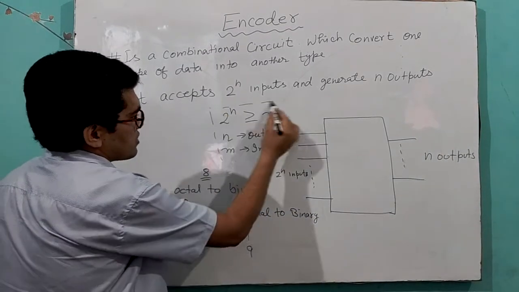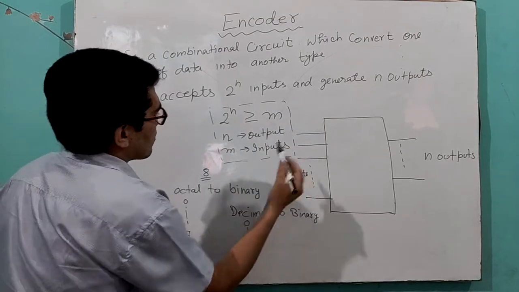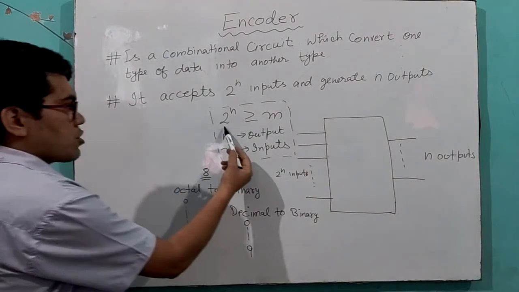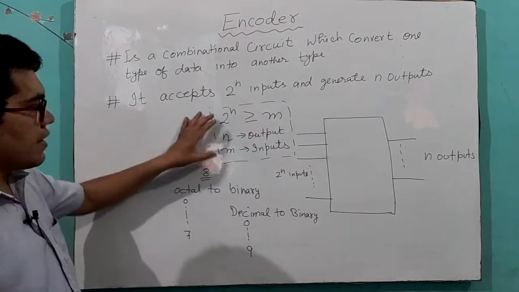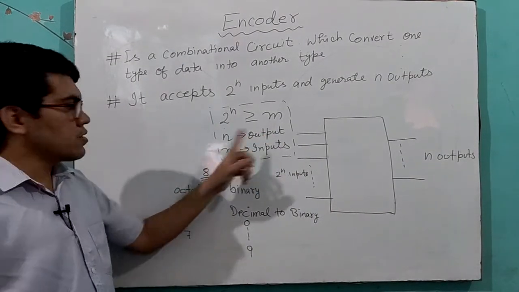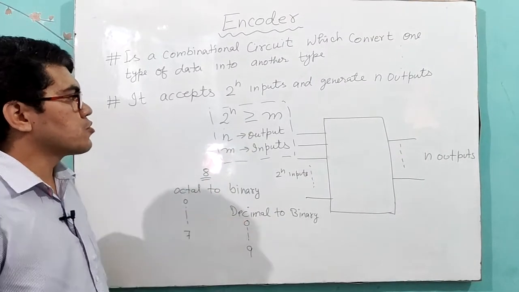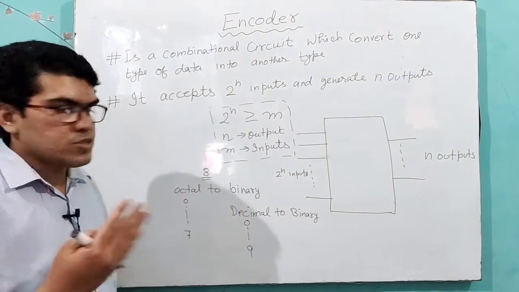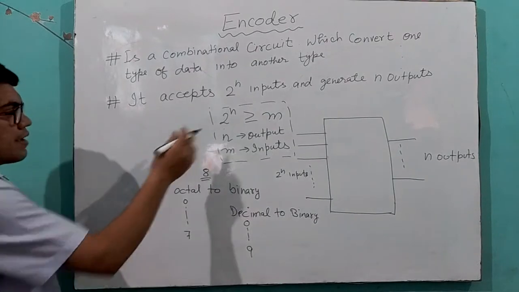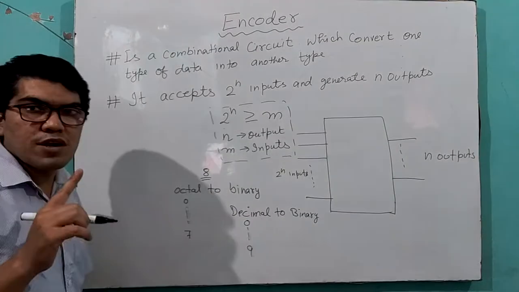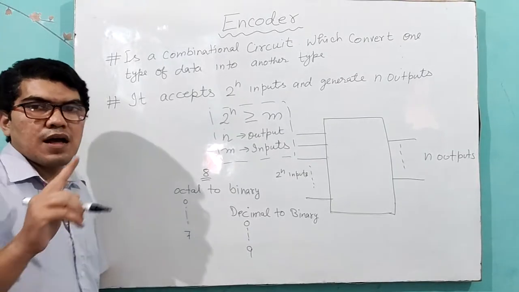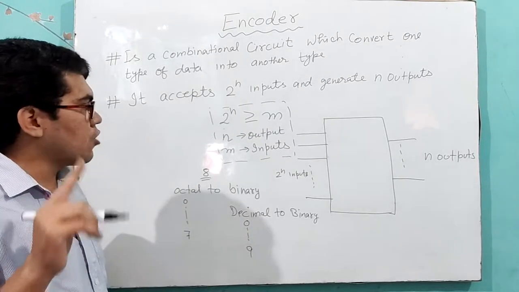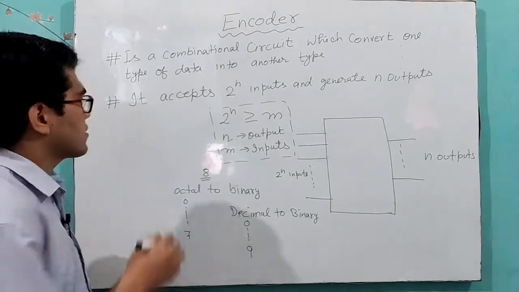Mathematically you can go with this formula: 2^n should be greater than or equal to m. Here n is the number of outputs, m is the number of inputs. If I want to convert an octal number, how many inputs will be there? 8.